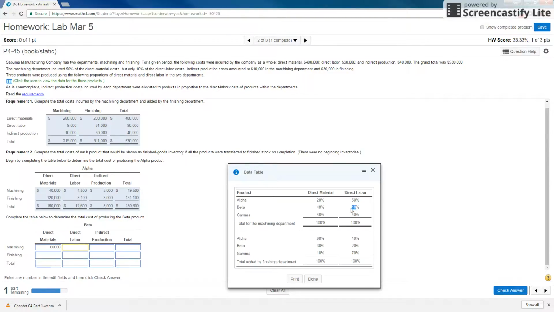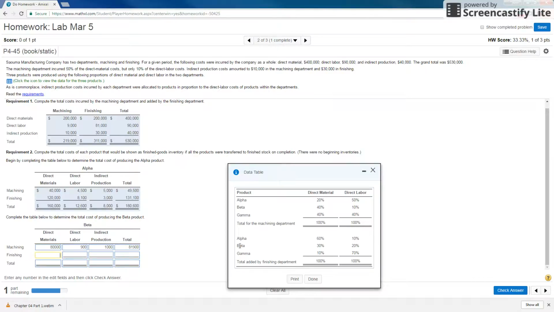Sorry, 10%. I don't want to mess that up because we are talking about the beta. So 10% of the 9,000 is 900. And the indirect production cost is 10% again. So 10% of 10,000 is 1,000. And the total will be 81,900.